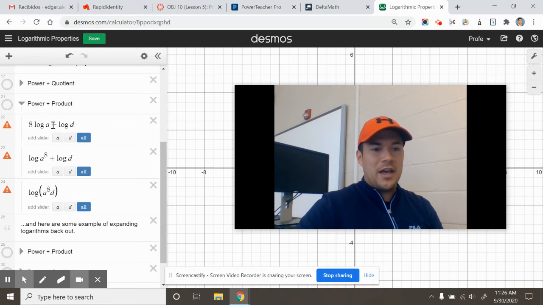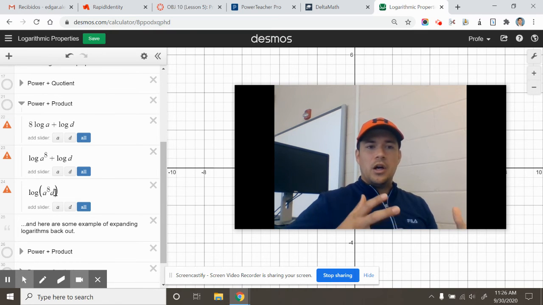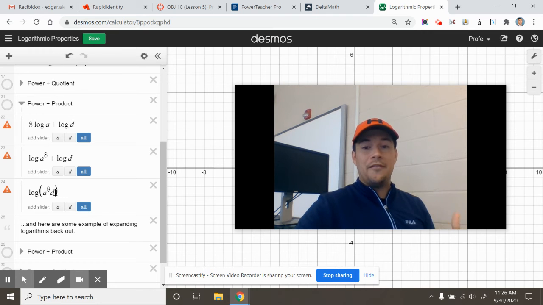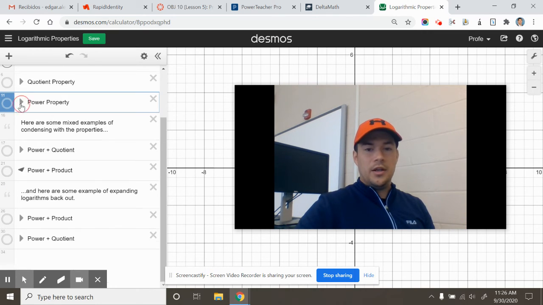So if I have 8 log of a plus log of d, then I can use my power property first and say this is log of a to the 8th plus log of d. And then since that is a sum of logs, I can write it as a product. So log of a to the 8th times d. Keep in mind that the logarithmic properties only work if your logarithms have an equivalent base. All right. That's a little detail that I have not mentioned yet.